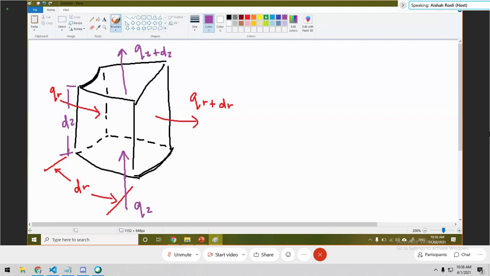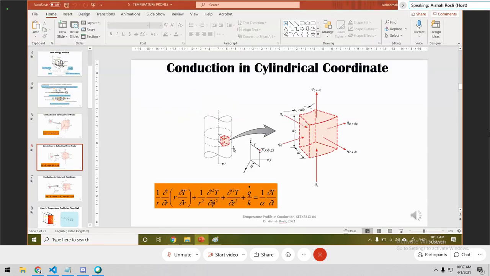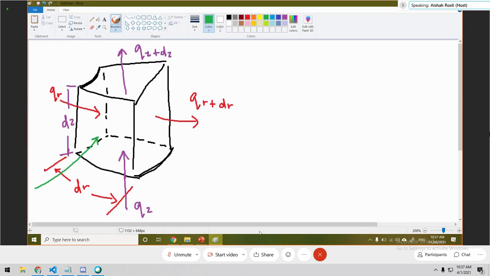If you're considering the heat coming from the inside of the cylinder to the outside, from this direction, if the heat is traveling around the cylinder, it's not going to travel in a straight line, because the cylinder is curved, right?